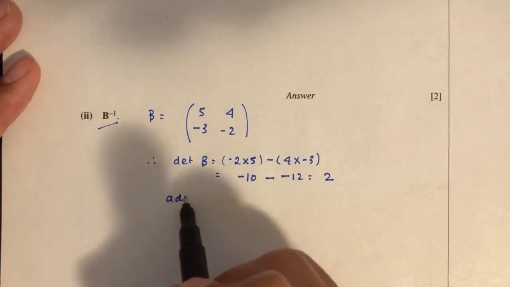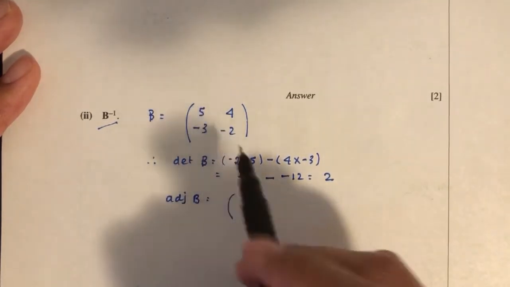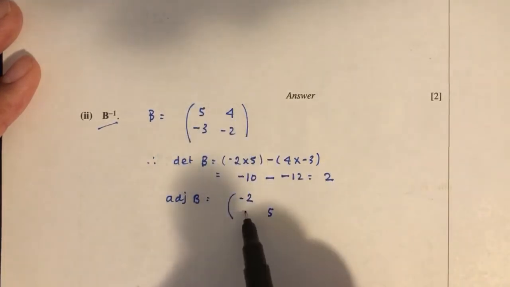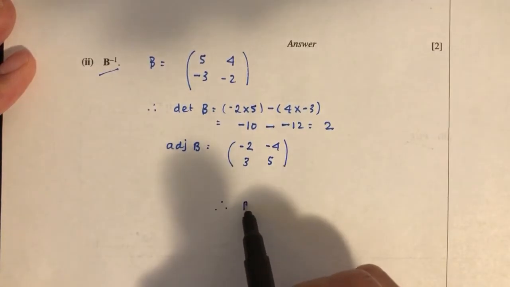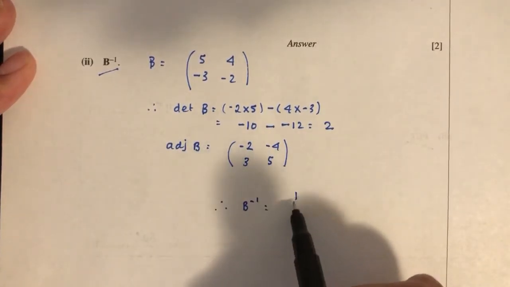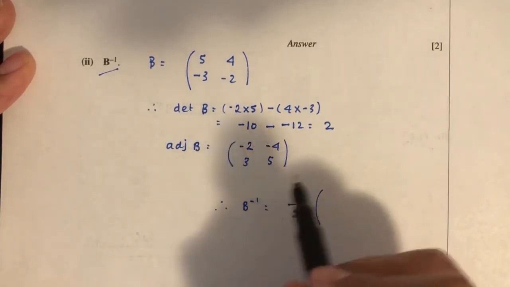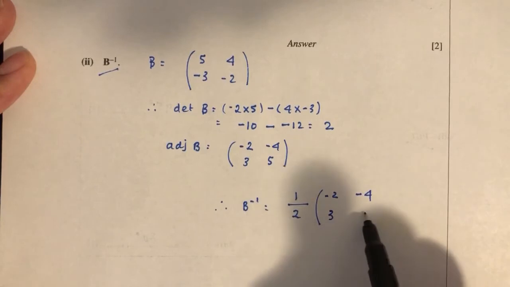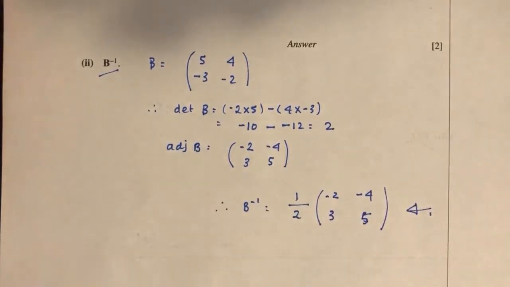Now the adjoint matrix of B, we have to switch the position of these two, become 2 and 5, and the signs of these two become 3 and minus 4. So B inverse is equal to 1 divided by the determinant of B, which is 2, times the adjoint of B, which is minus 2, minus 4, 3, and 5. This will be your answer for part 2.